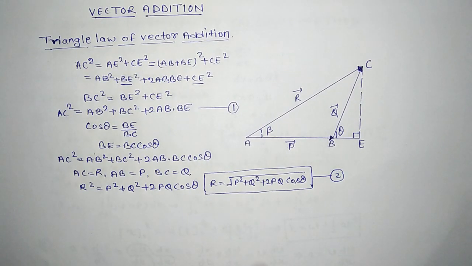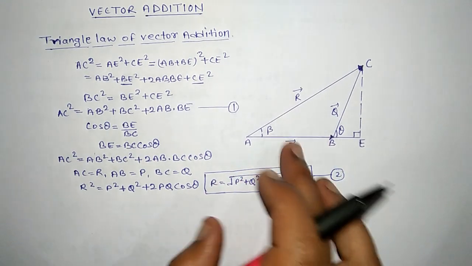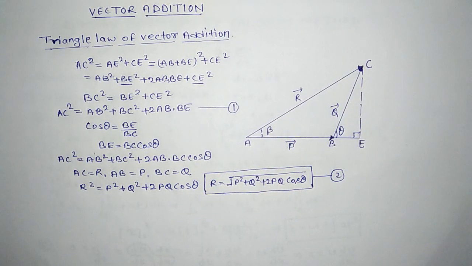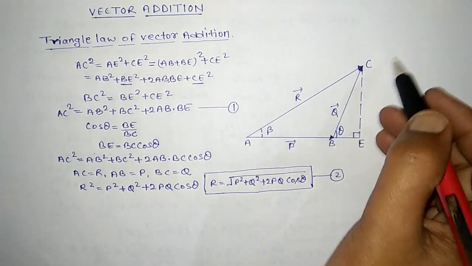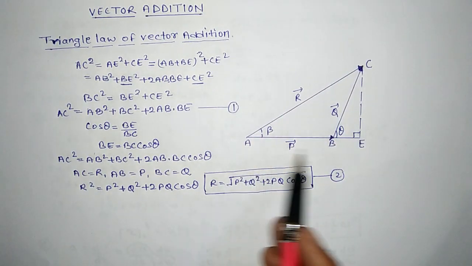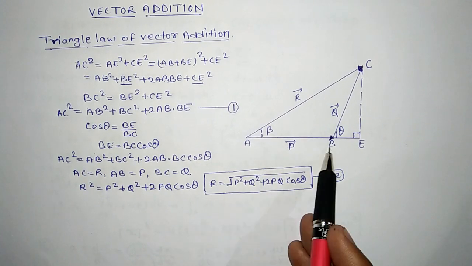Now we have calculated the resultant of these two vectors P and Q. Now we want to find the direction of this resultant from AB.